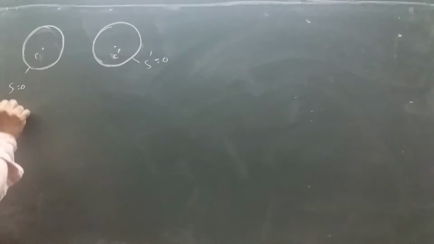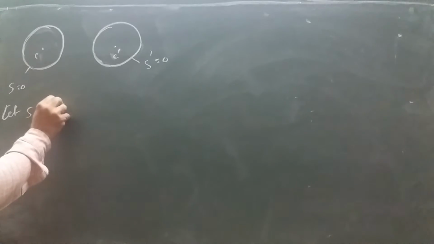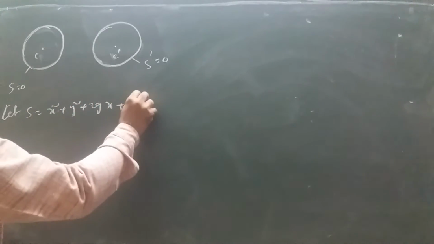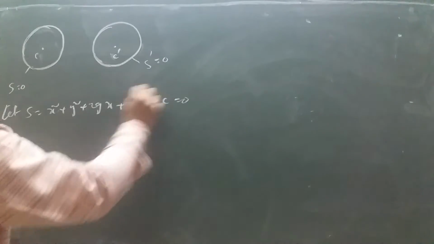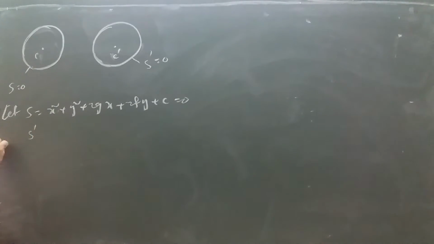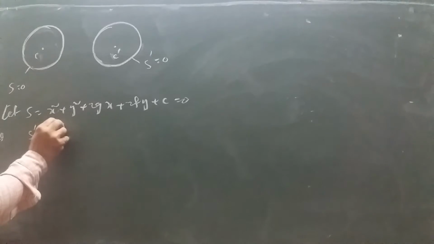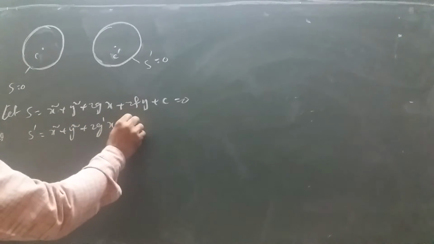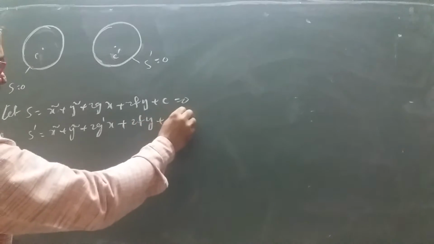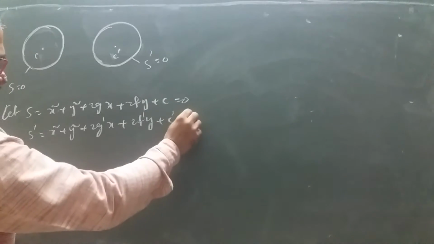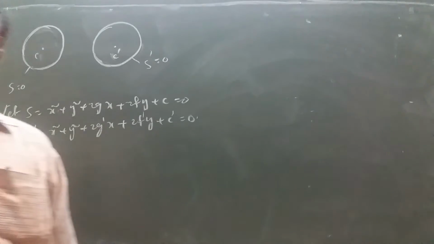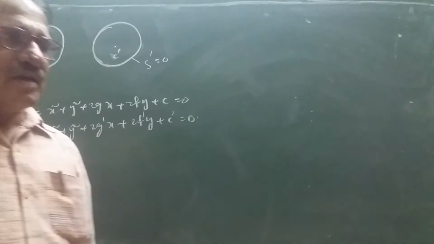Let S equal x square plus y square plus 2gx plus 2fy plus c equals 0, and S dash equal x square plus y square plus 2g dash x plus 2f dash y plus c dash equals 0. Let these be the given two circles in a plane.